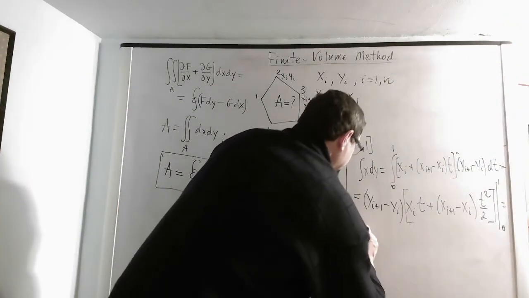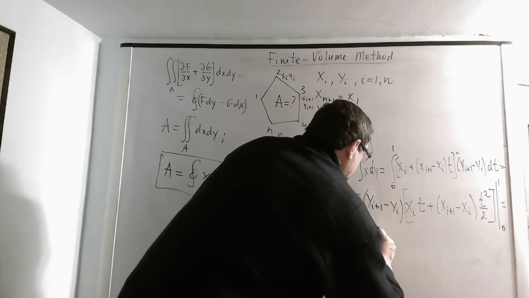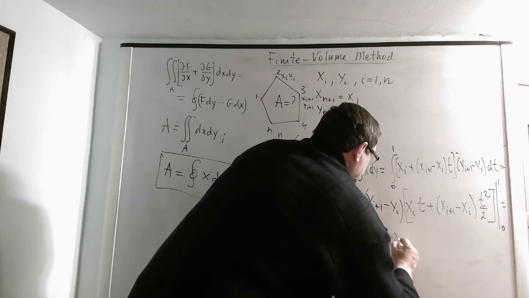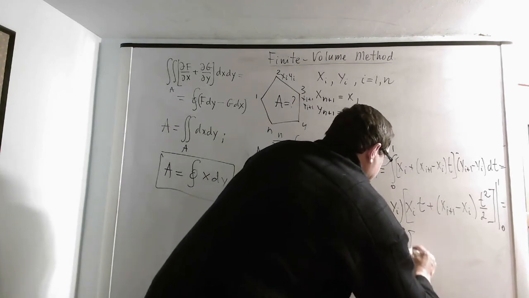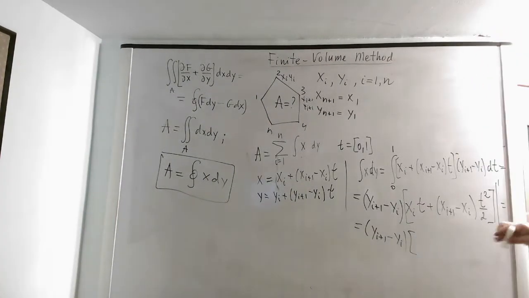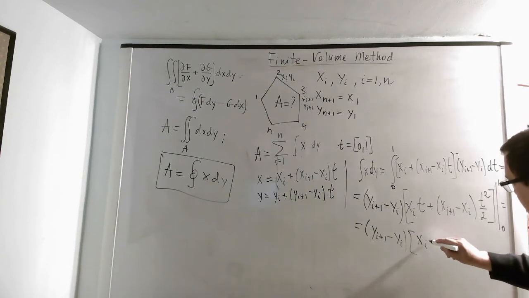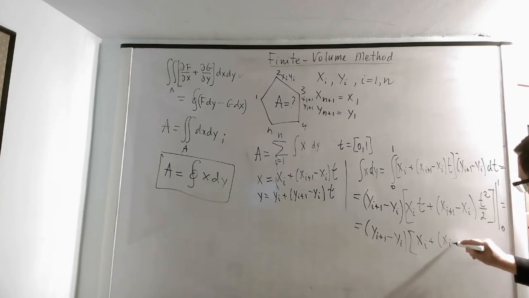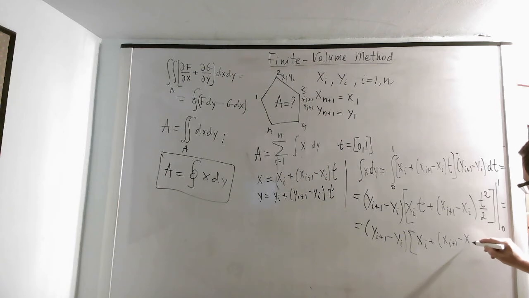So now let's substitute. We have yi plus 1 minus yi. Now we substitute t equal to 1. It's xi plus (xi plus 1 minus xi) times 1/2. And if we substitute 0, this whole thing disappears.